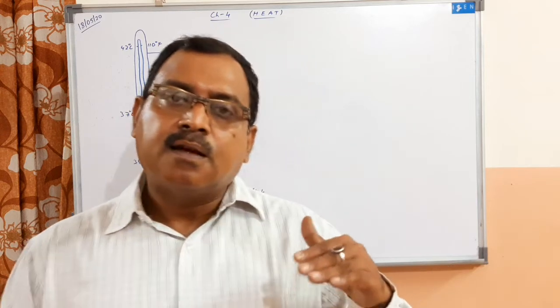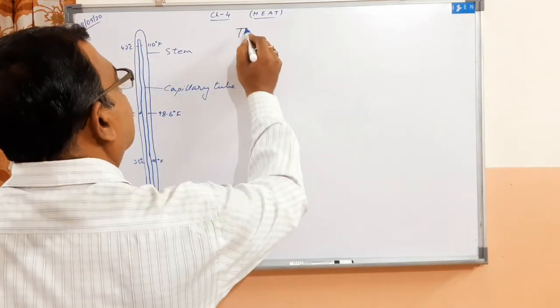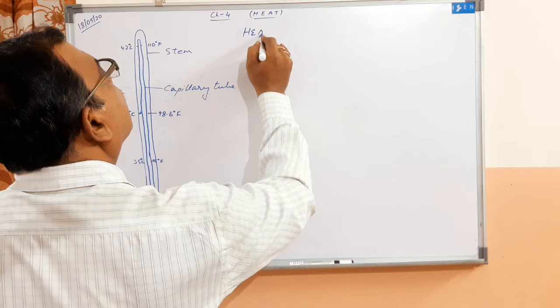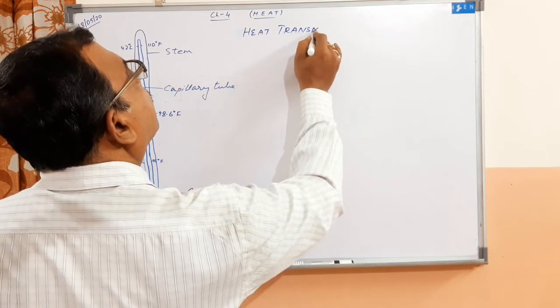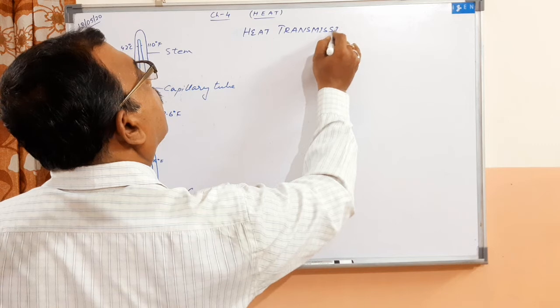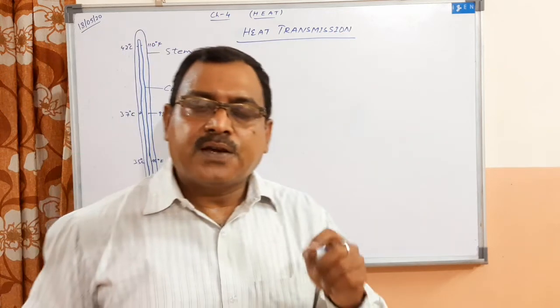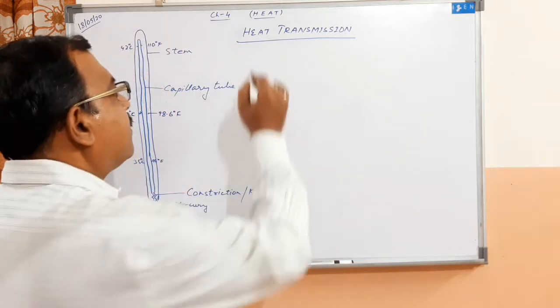The next part that I will start is transmission of heat. Remember, transmission of heat, or you can say heat transmission. Transmission of heat is mainly done in three different ways.